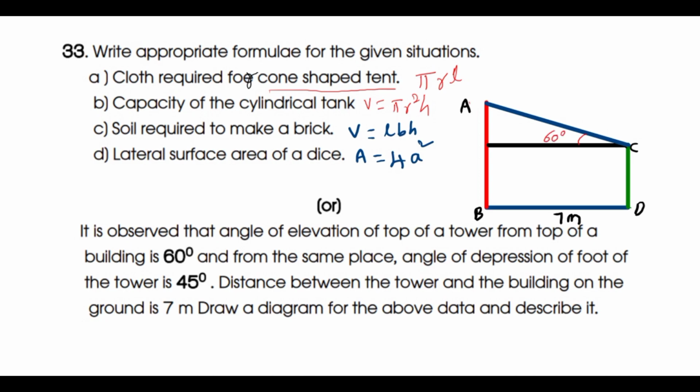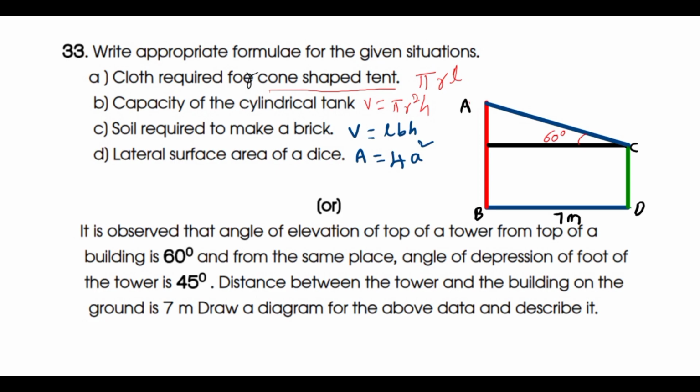Okay, and from the same place the angle of depression of the foot of the tower is 45 degrees. Once again, the angle of depression of the foot of the tower from the same place, means from here.